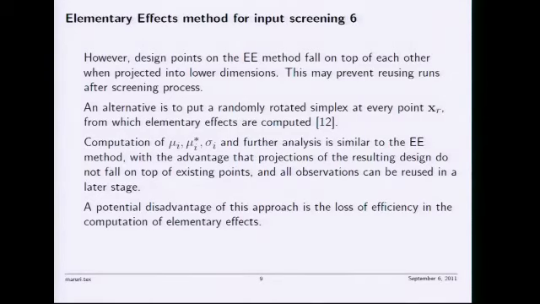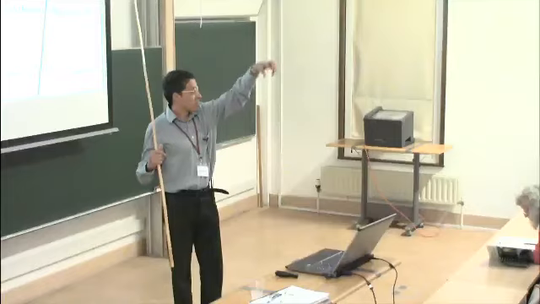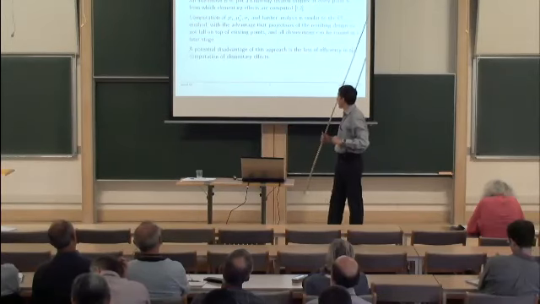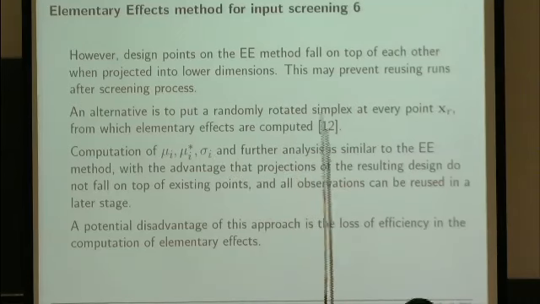There's been an alternative to this, by Pujol and colleagues, which is to, instead of using these one at a time experiments, put randomly rotated simplexes. So instead of having a trajectory, we are putting simplexes at every one of these points. Now, mu i star and sigma i are computed in a similar manner.